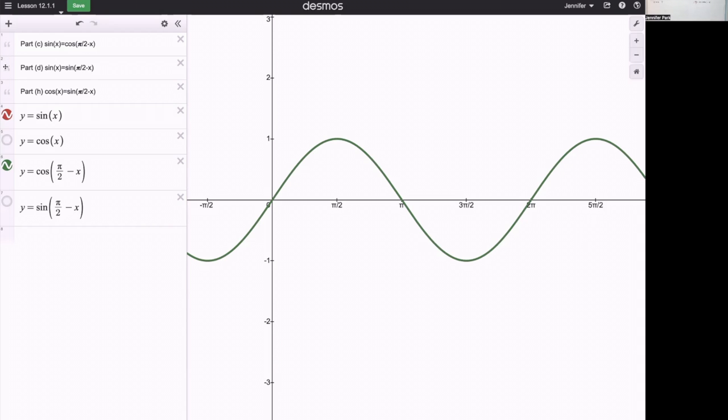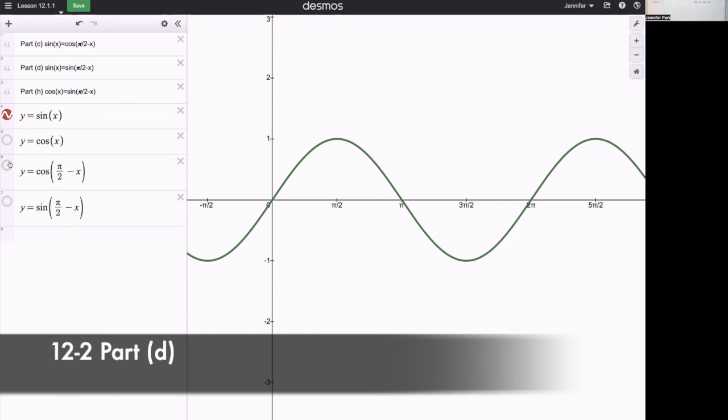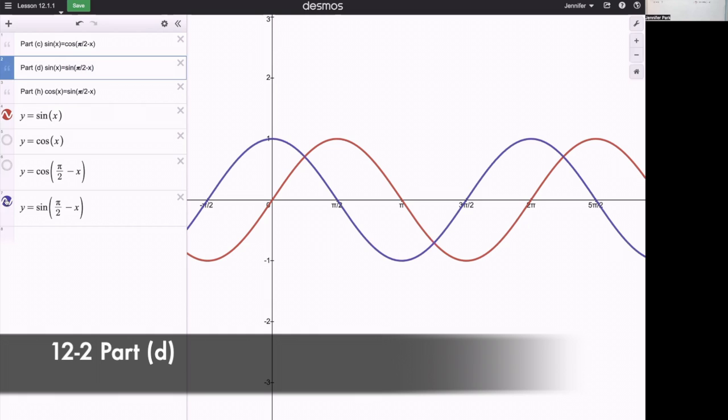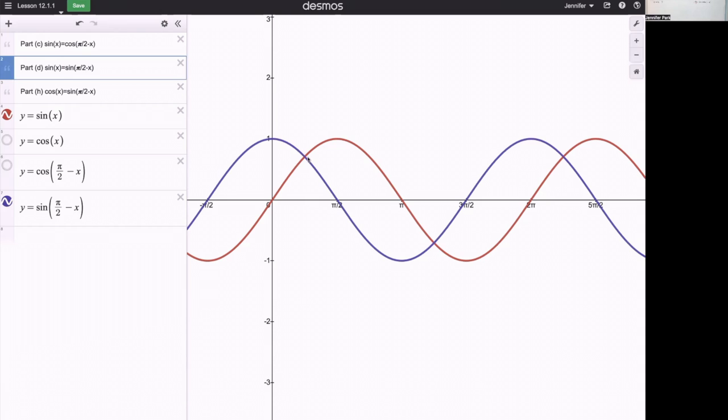Okay, now let's look at D. You're going to have sine of x, and then I'm going to graph sine of pi over 2 minus x. Now it's a purple one. You've got a sine graph, and you've got sine of pi over 2 minus x. This time, they're not exactly the same. However, they do have some intersection points, right?